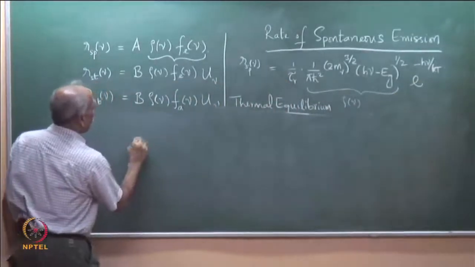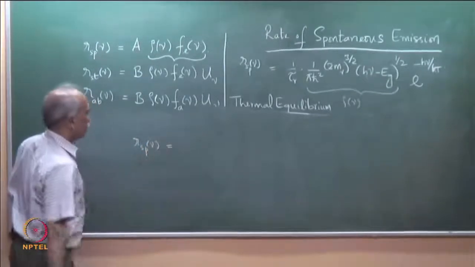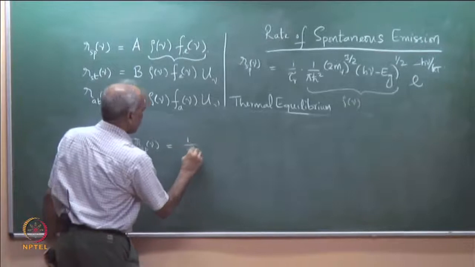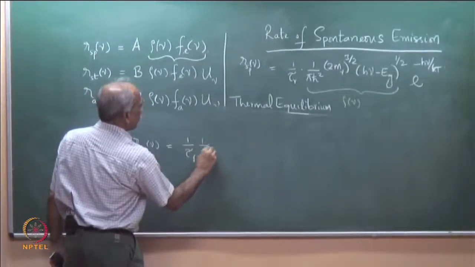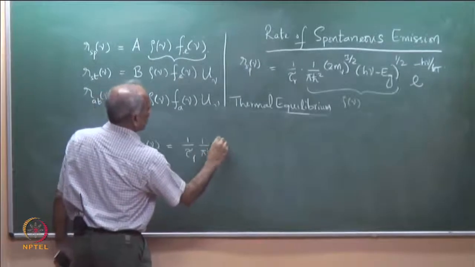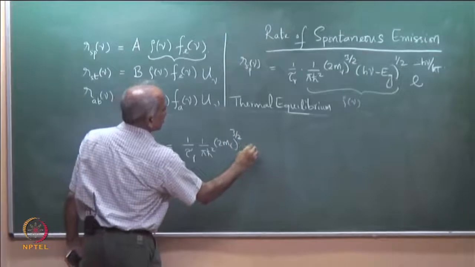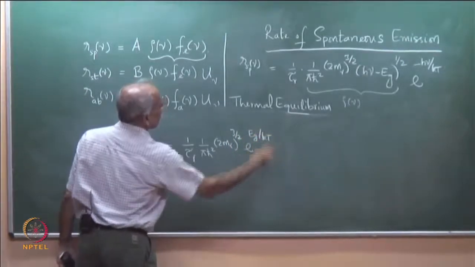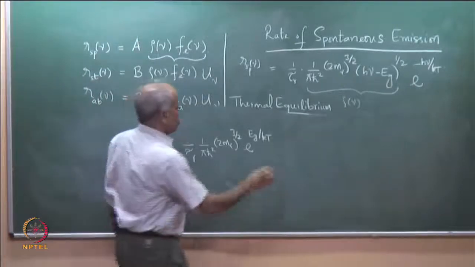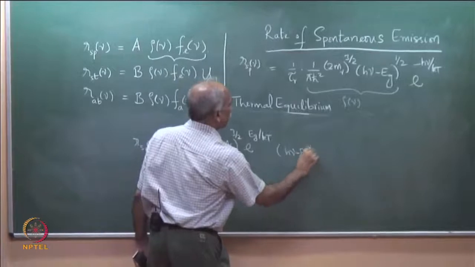So, RSP is equal to 1 over tau r, 1 over pi h cross square, twice m r to the power 3 by 2, e to the power Eg by kT into h nu minus Eg to the power half.